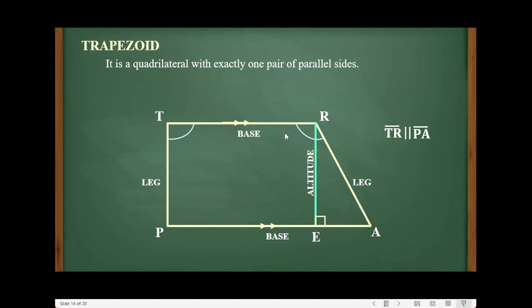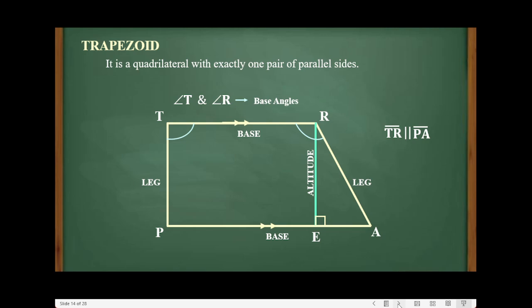And those angles which are on the opposite ends of the base, angle T and angle R, we call them base angles.